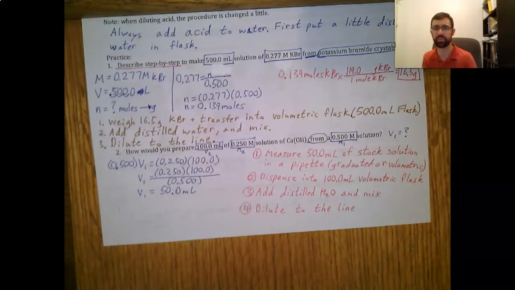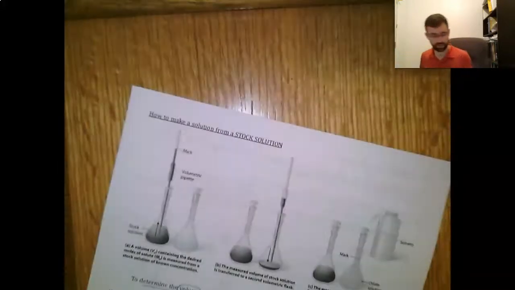We'll talk about why that happens later, but you can end up with the wrong volume if you dilute to the line too soon. So you always swirl it when it's not quite full, and then dilute to the line as the last step.